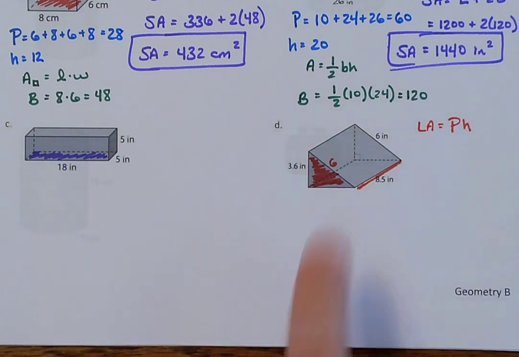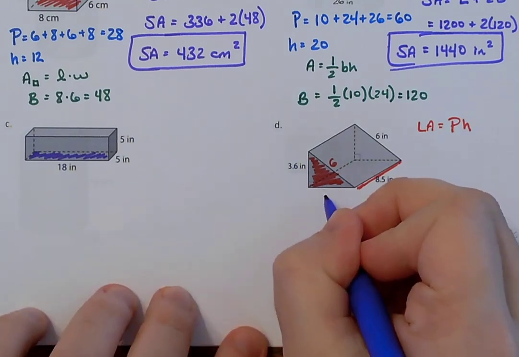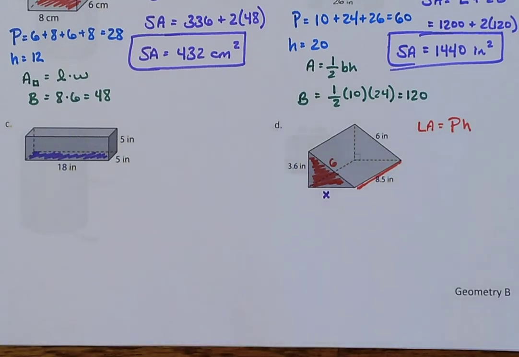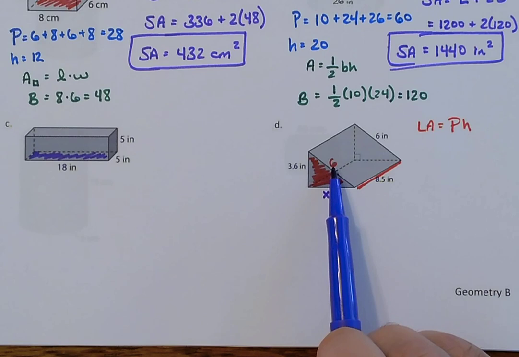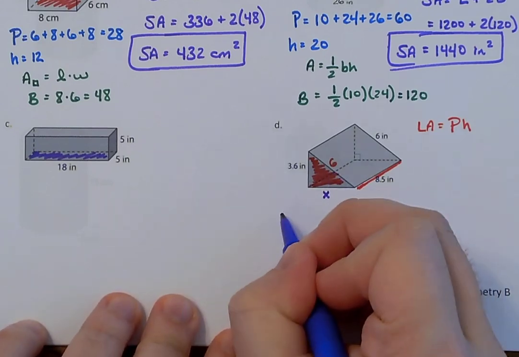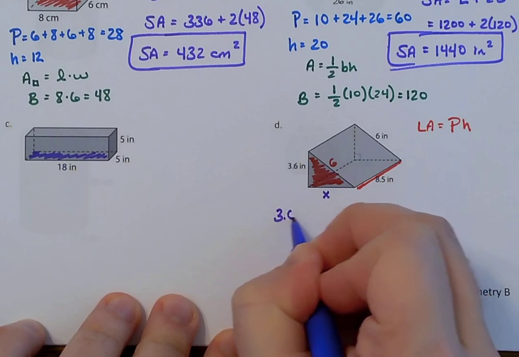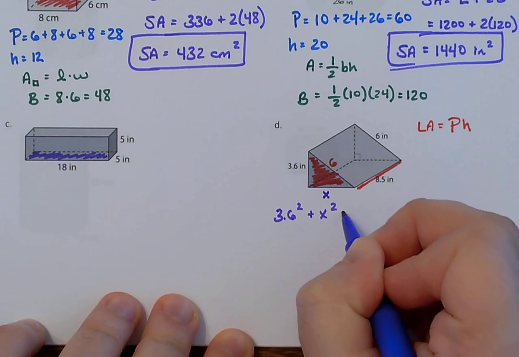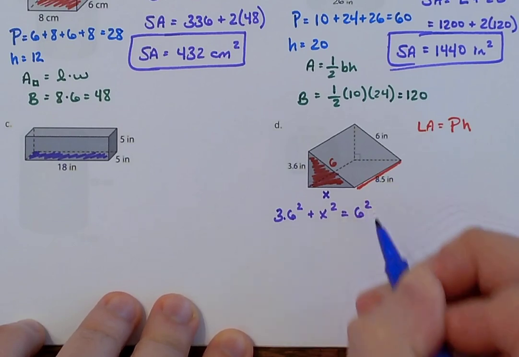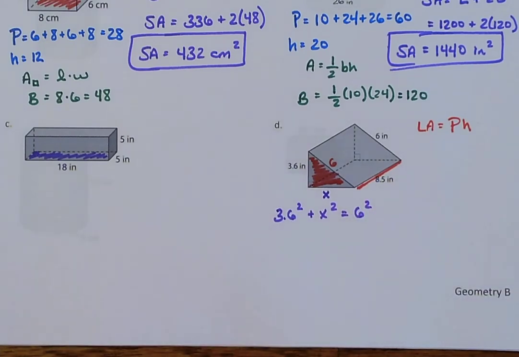So what we need to do is figure out what this measure here is, which we can call x, by using the Pythagorean Theorem. The side opposite the right angle is our hypotenuse, which is 6. So we're going to set up the Pythagorean Theorem as 3.6 squared plus x squared equals 6 squared.